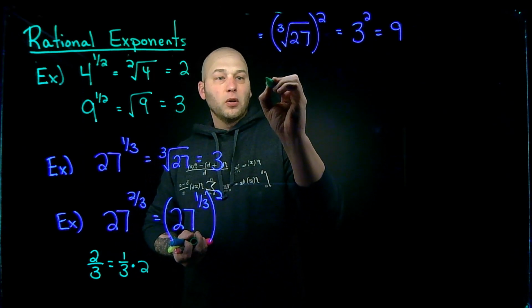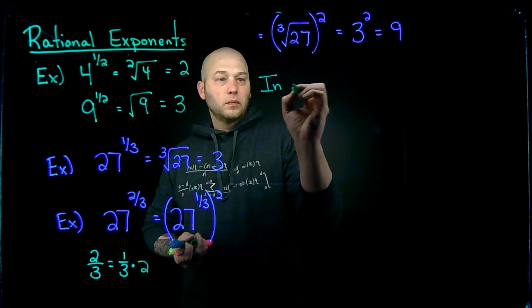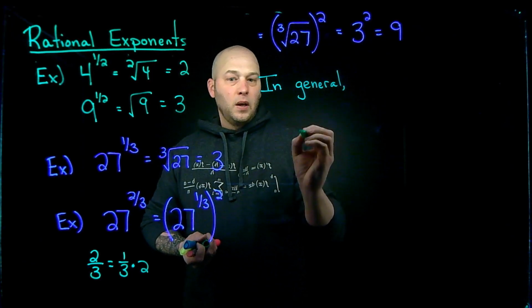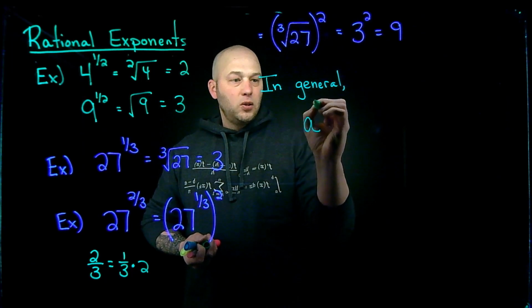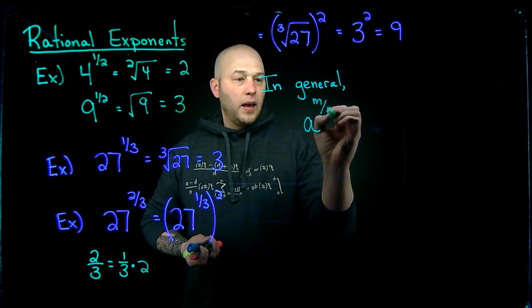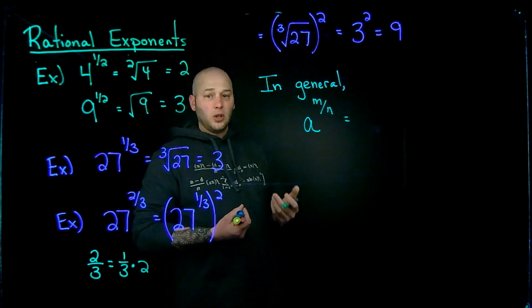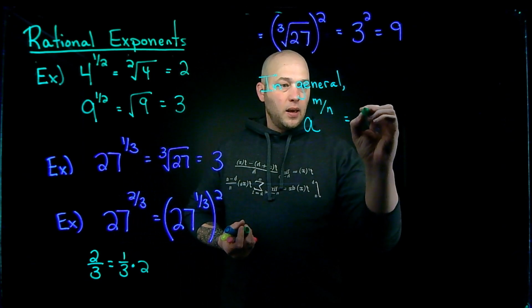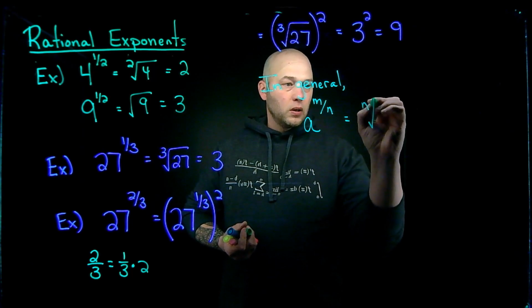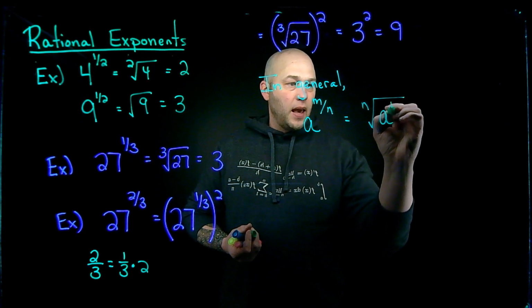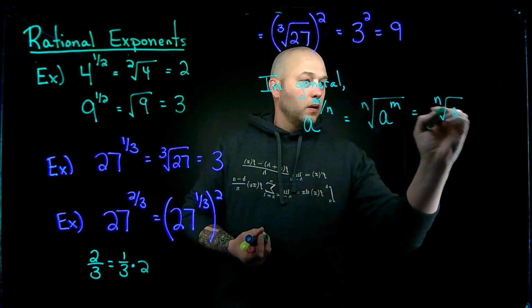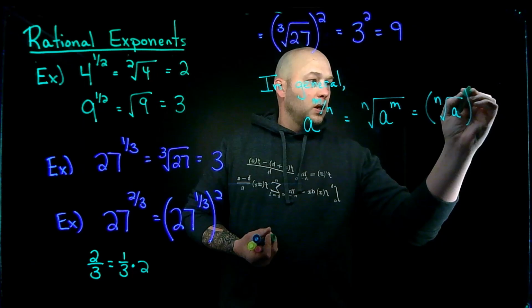So in general, if I have a to the m over n, so in other words, I've got a rational exponent, this is the same thing as saying the nth root of a to the m, or the nth root of a, to the m.